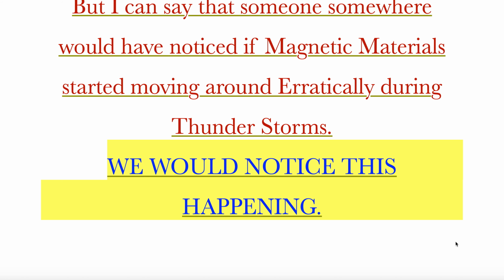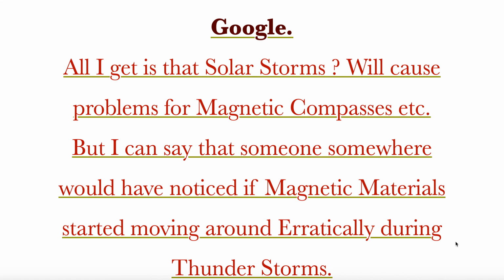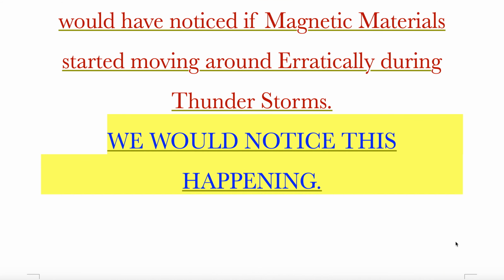So if storms were pushing negative charge out of its way, the charge that's supposedly on the ground, then we would notice a big difference with magnets during storms. And I don't know of anyone, maybe I'm wrong, but I can't find any information that states, yeah, magnets do all crazy things when there's a storm.